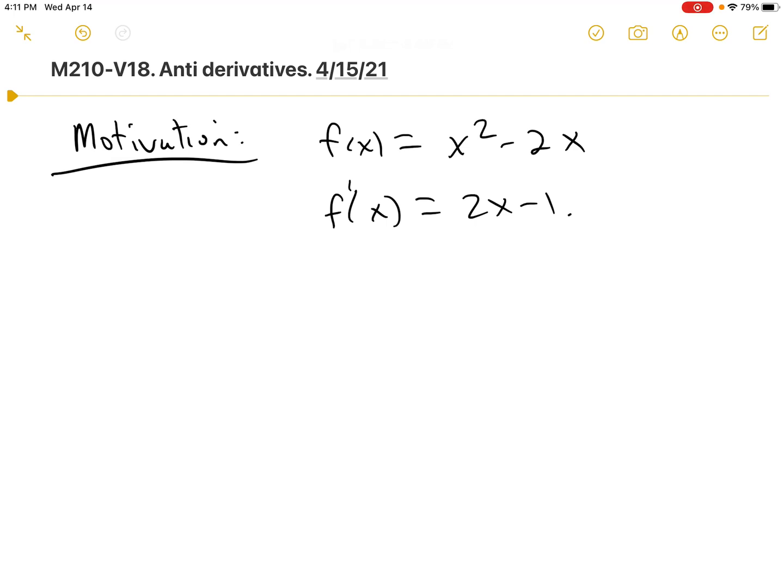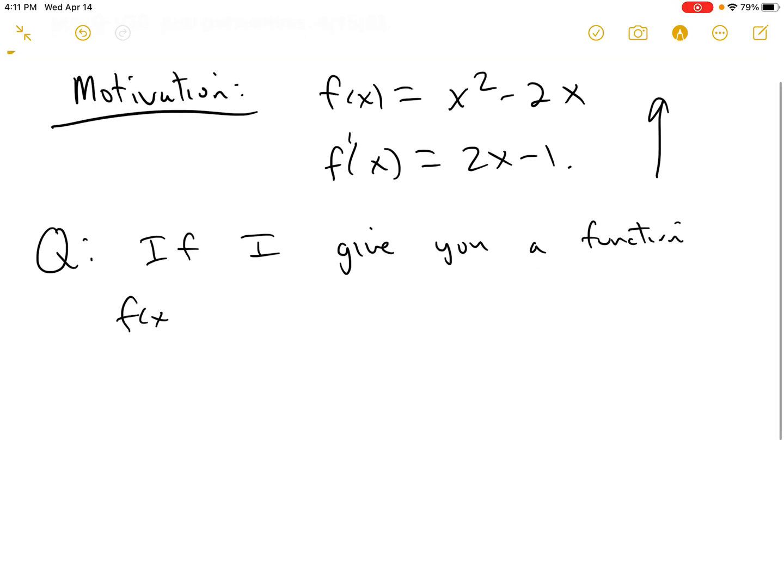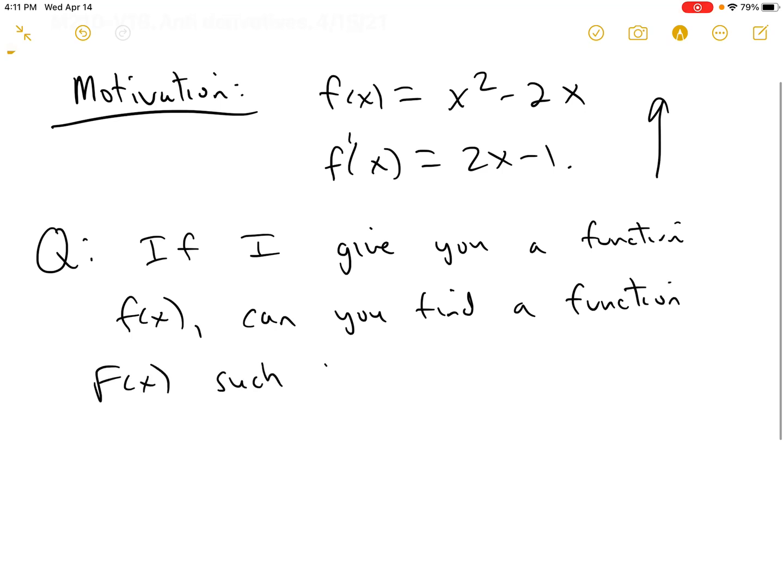So that's why it's antiderivative. So we're going this way. So here's the question. If I give you a function f of x, can you find a function capital F of x such that the derivative of this thing is f?